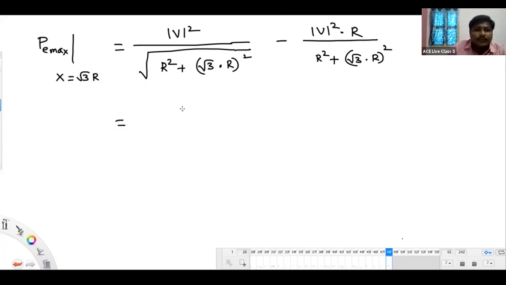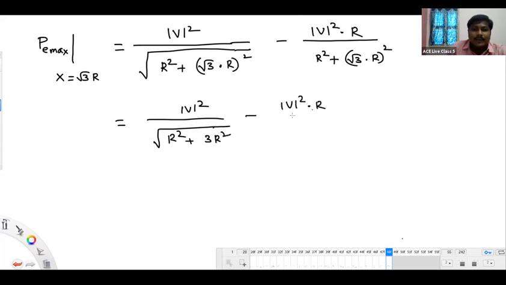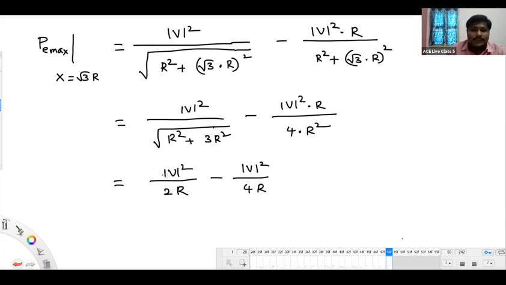So you can write now |v|² by (√r² + √3r)² means 3r² here, minus |v|² into r by r² + 3r², which means it is 4 times r². And you can get |v|² by 4r² under root 2r minus |v|² by 4r. |v|² by 2r minus |v|² by 4r.